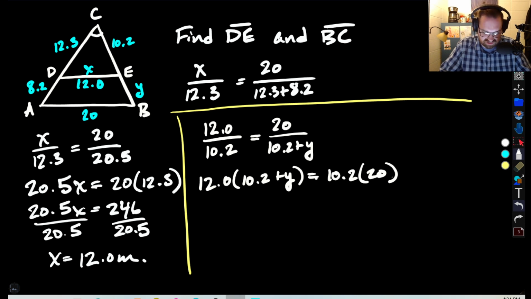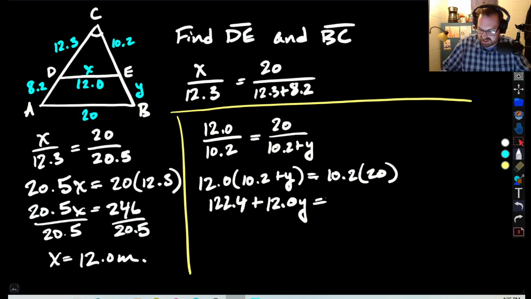I did it differently in my notes, but either way works. 12 times 10.2 is 122.4. So we got to use the distributive property on this, and then this is going to be 12.0y.